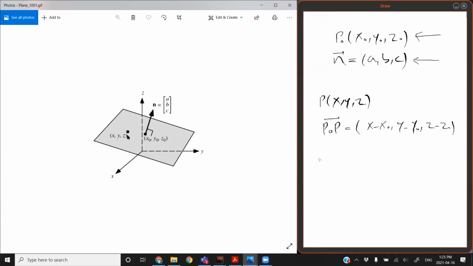So I say that P0P is orthogonal to N if and only if the point P is on the plane.